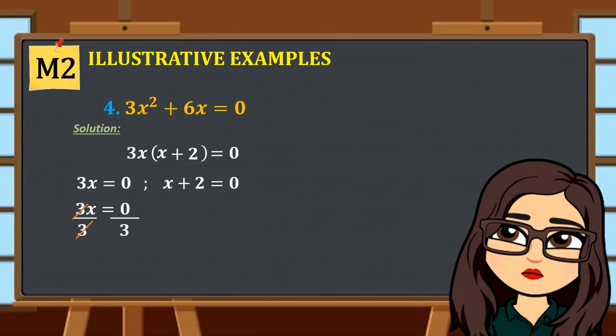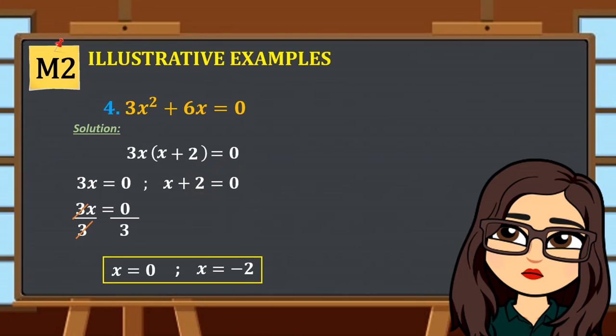And then 0 divided by 3 is 0. So the first value now of x is 0. Next, for x plus 2 equals 0, transpose positive 2 to the right side and positive will become negative. So the two values now for x are x equals 0 and x equals negative 2.